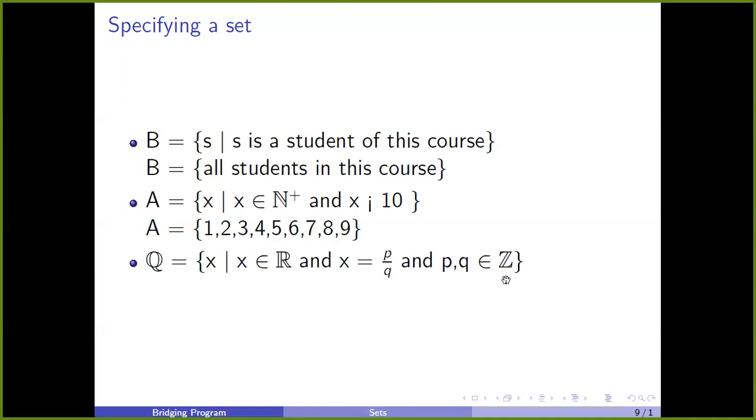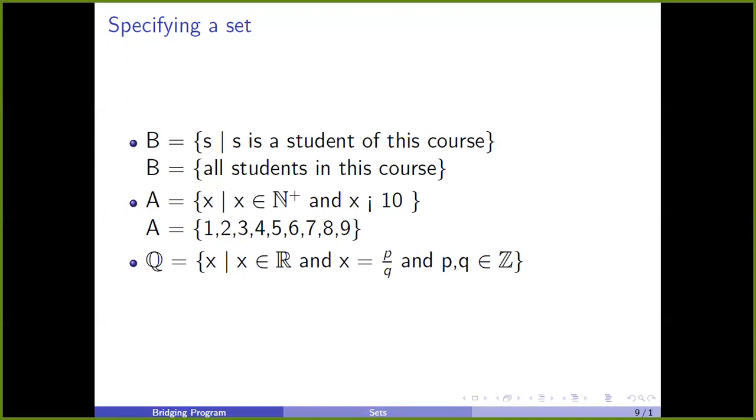So in other words, these rational numbers are real numbers which can be expressed as a division of two integers, right? So if a number is a real number and if it can be written as a division of two integers, then it is called a rational number, right?